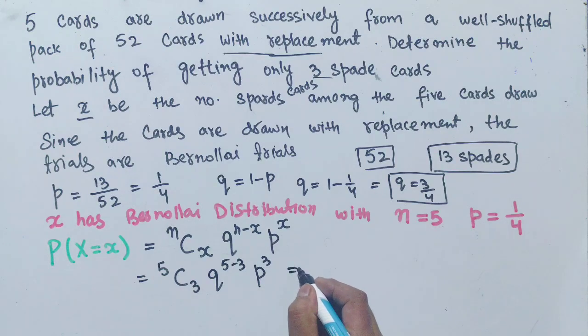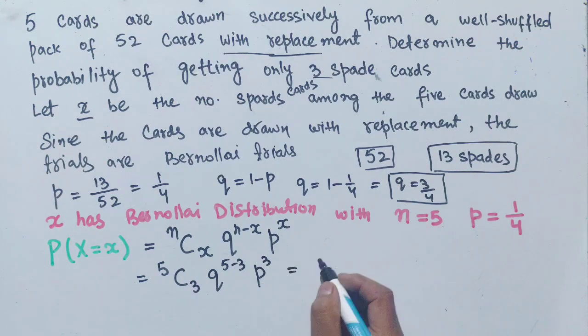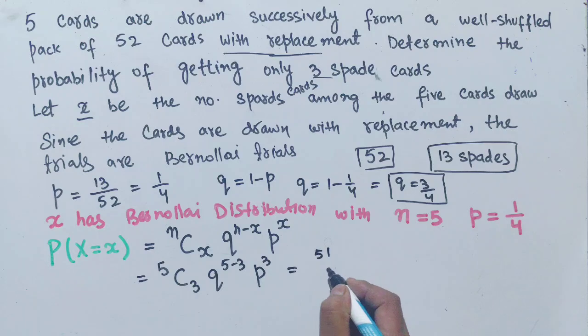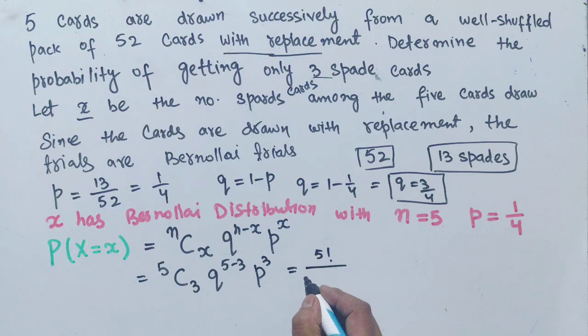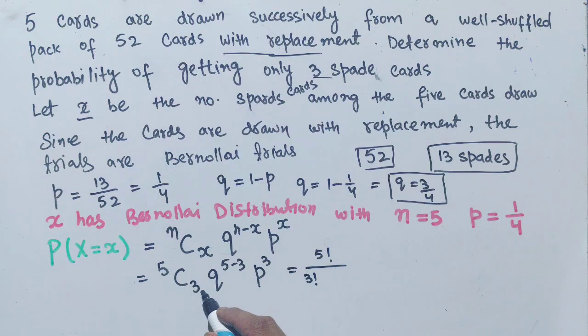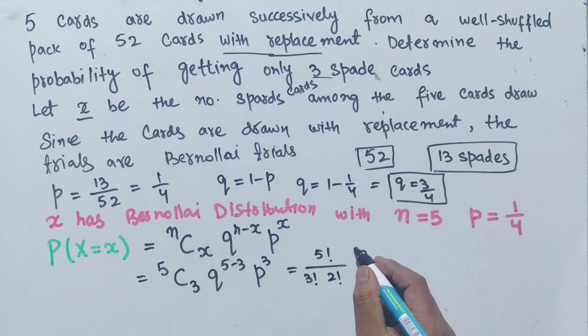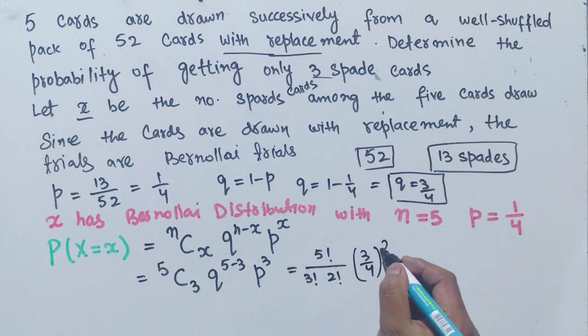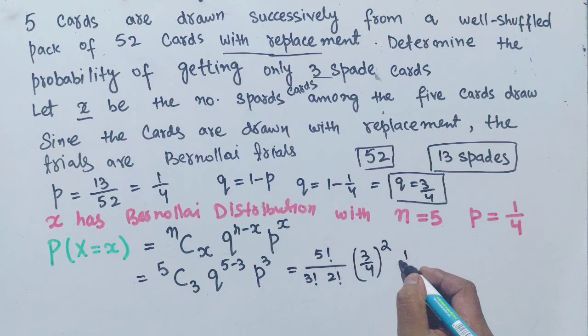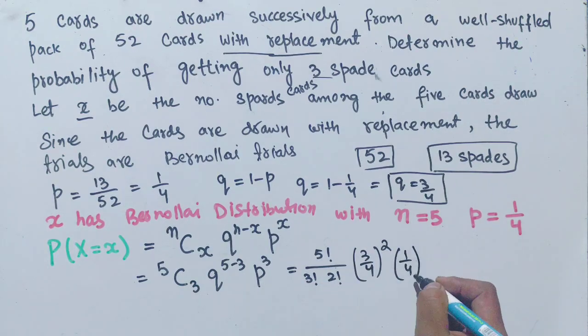This implies we can write it as 5 factorial divided by 3 factorial times 5 minus 3 factorial, which is 2 factorial. q is 3/4, so raised to the power 5 minus 3, which is 2, and p is 1/4 cubed.